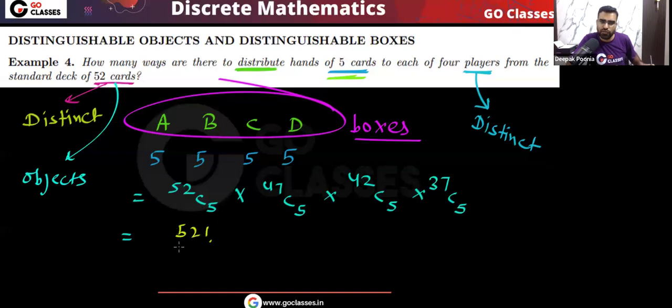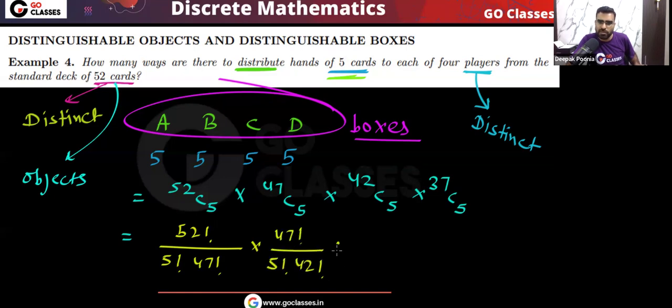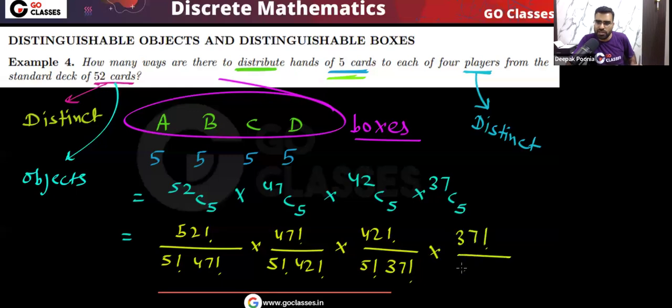It will be like this: 52 factorial divided by 5 factorial times 47 factorial (52 minus 5), multiplied by 47 factorial divided by 5 factorial times 42 factorial, multiplied by 42 factorial divided by 5 factorial times 37 factorial (42 minus 5), multiplied by 37 factorial divided by 5 factorial times 32 factorial.